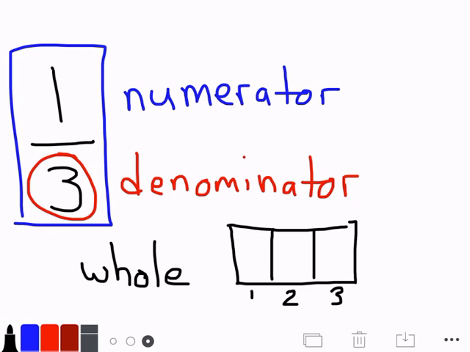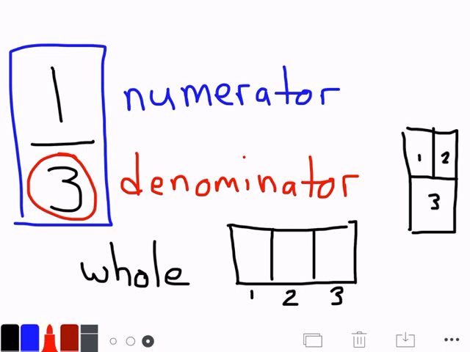So if I had a fraction bar maybe that looked like this, and I wanted to make equal shares, if I split it like this, would those be equal shares? Are all 3 pieces, piece 1, piece 2, and piece 3, all the same size, or equal shares? In that case, they are not, so please be careful of that. We're talking about equal shares, and we're talking about 1/3.